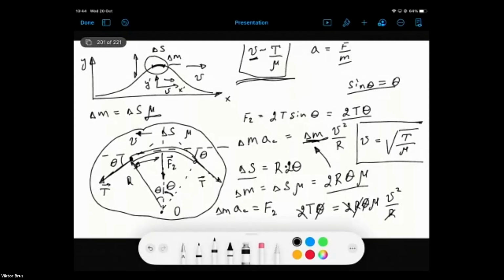It's proportional to the tension of the string and inversely proportional to the linear density. Also, we considered such phenomena as reflectance and transmittance of mechanical waves.